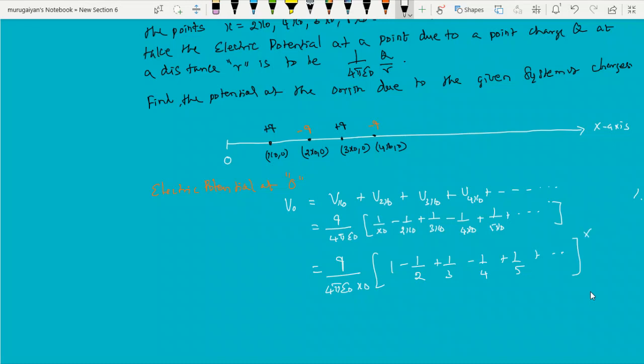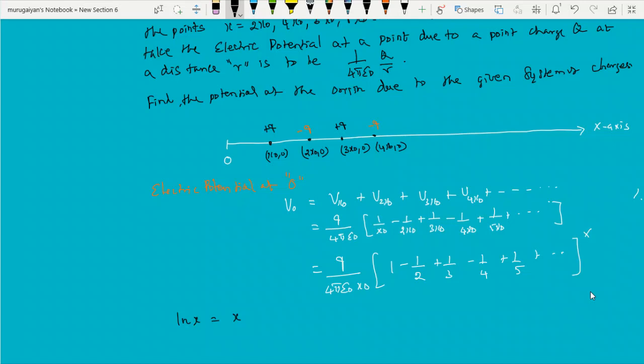Just remember log x, that is ln x. What is the expansion of log x?